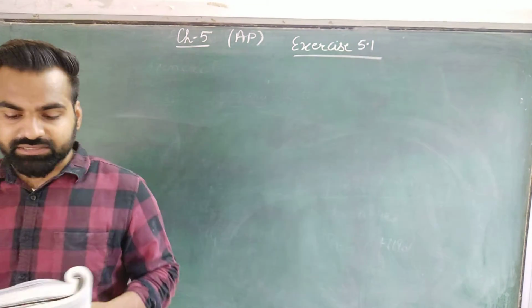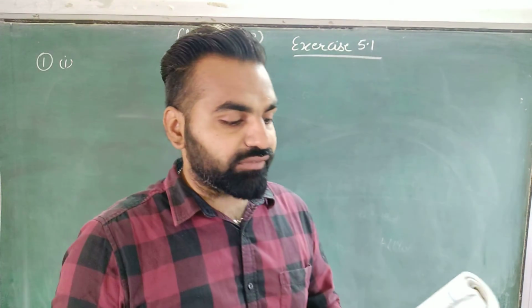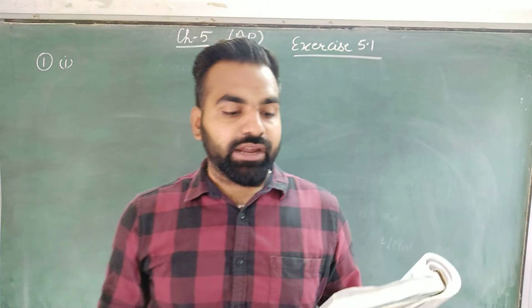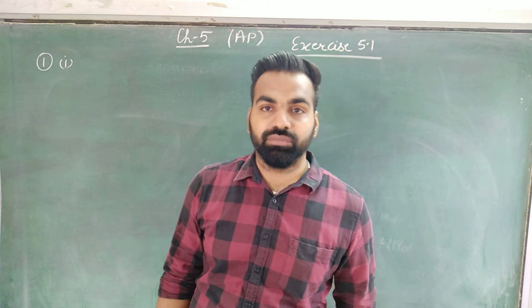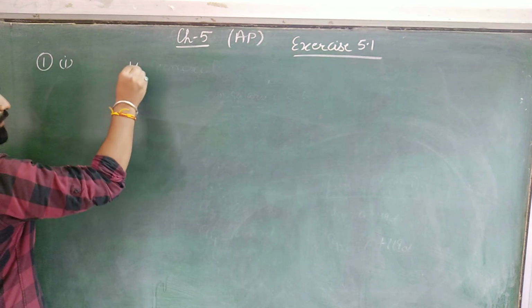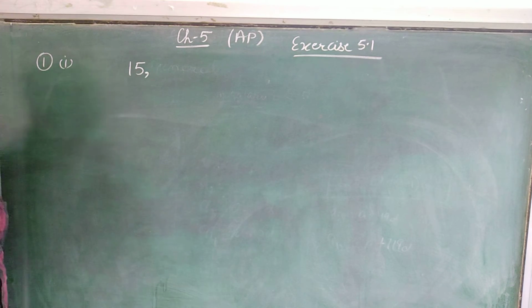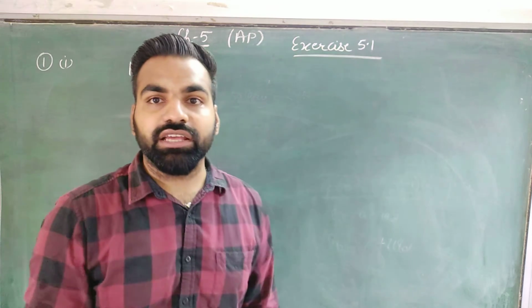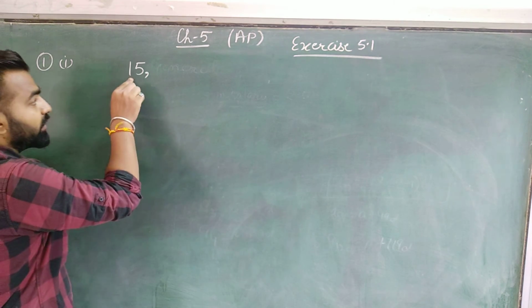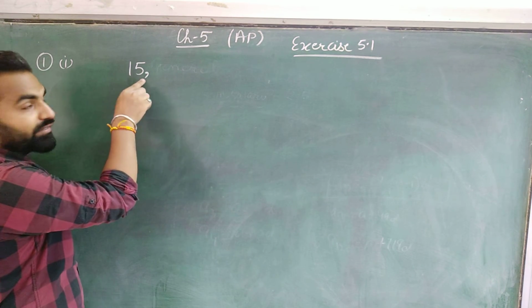So the first case is the taxi fare after each kilometer, when the fare is rupees 15 for the first kilometer and rupees 8 for each additional kilometer. So if we travel the first kilometer, the fare will be 15. And for each additional kilometer, the fare will be increased by 8. If I travel 1 kilometer, the fare will be 15.